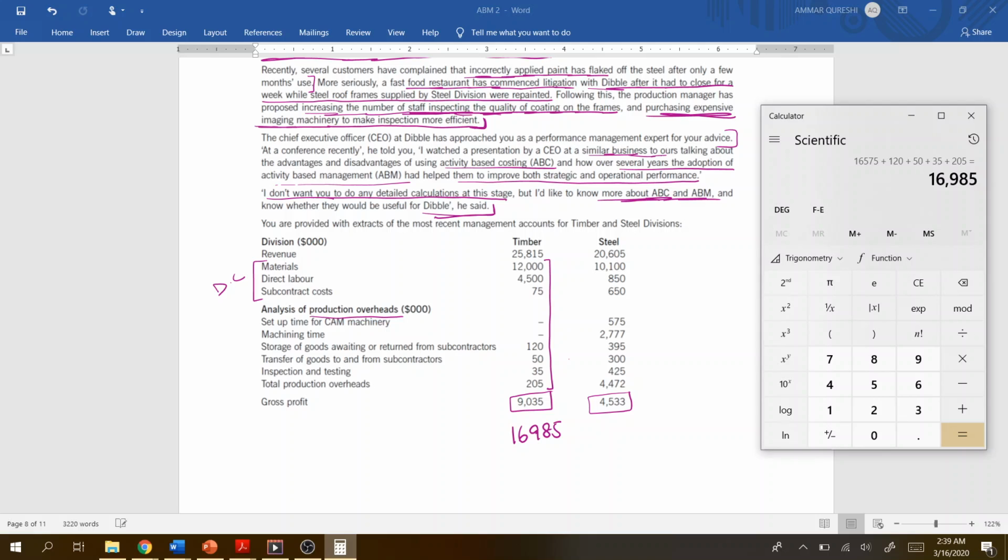And what is the proportion of overhead? 120 plus 50 plus 35 plus 205. Oops, total overheads are given. I think I made a mistake. Total overheads are 205.